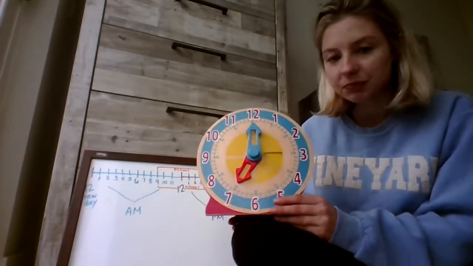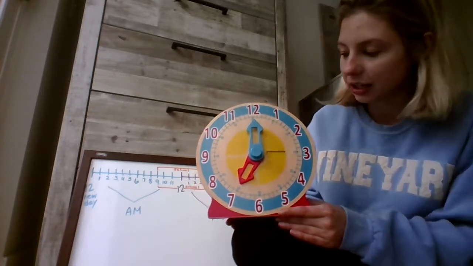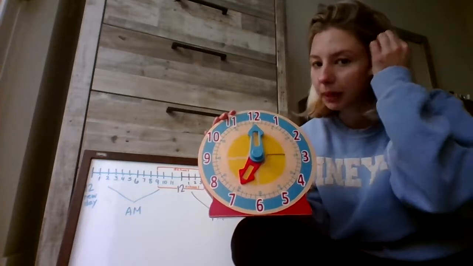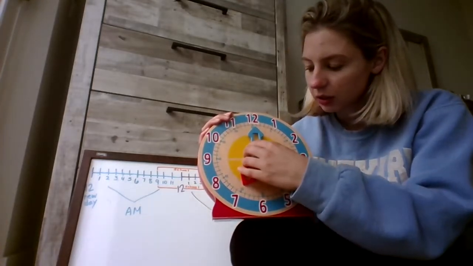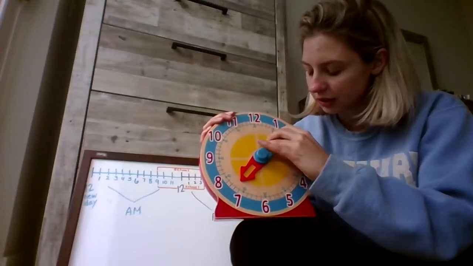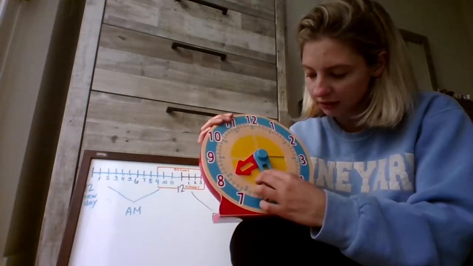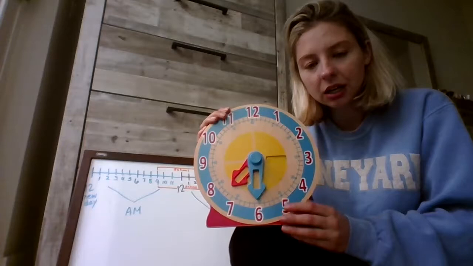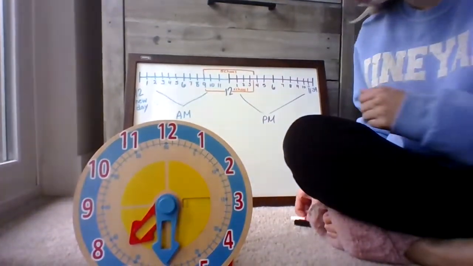Well, I know this is what 7 o'clock is. And I know if it's 7:30, 30 minutes have gone by after the hour. So let's see. 5, 10, 15, 20, 25, and 30. Here is 7:30. Now, how many minutes just went by?